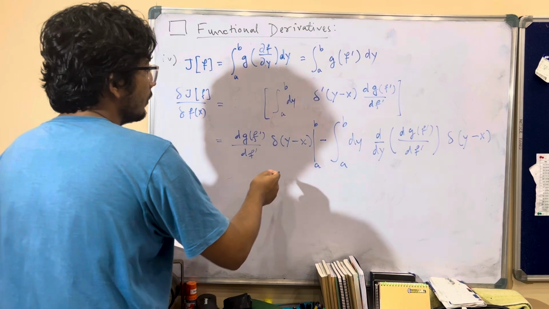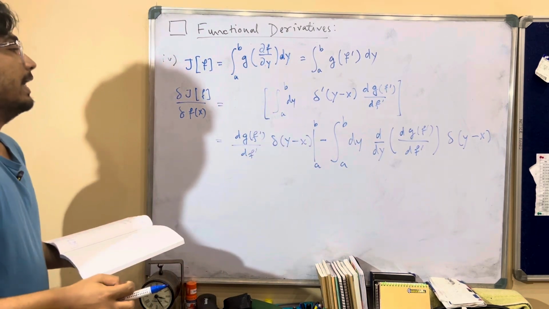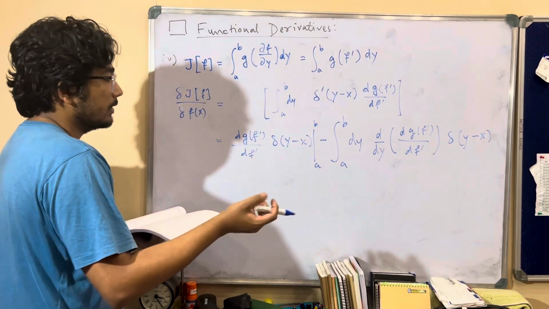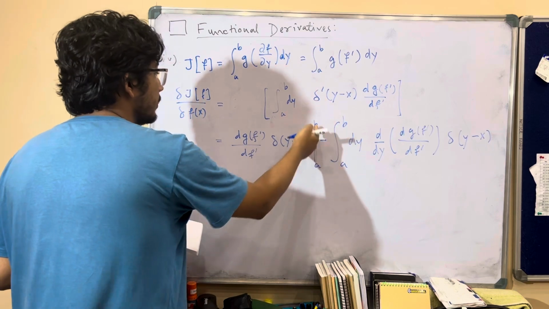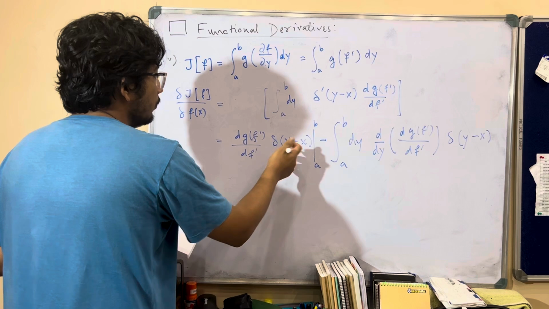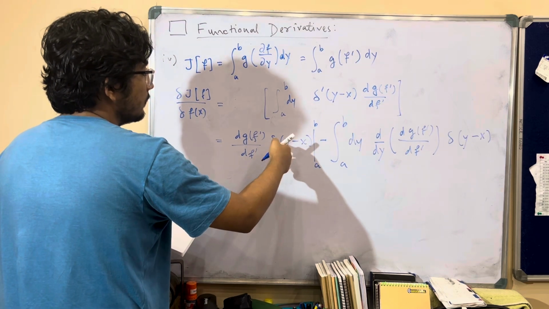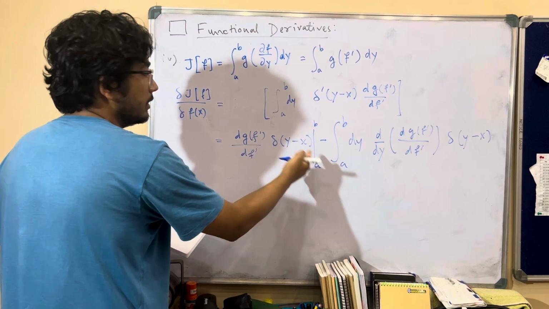Now in this part, x is in between a and b, not equal to them. For that case, putting b here and a here will both give 0, because delta of something minus something will give 0 if they are not equal.